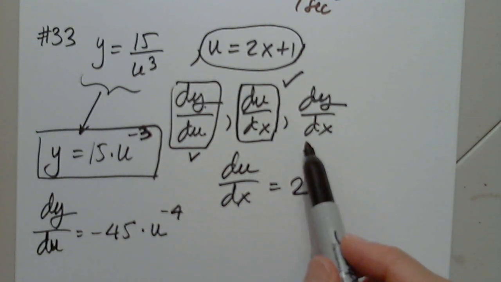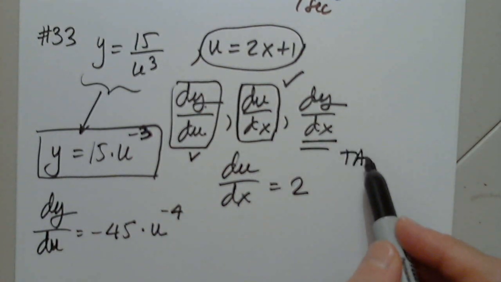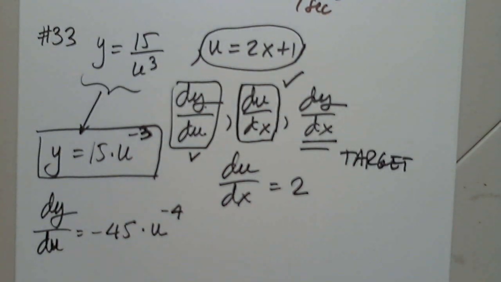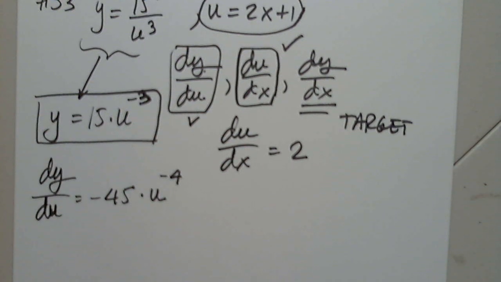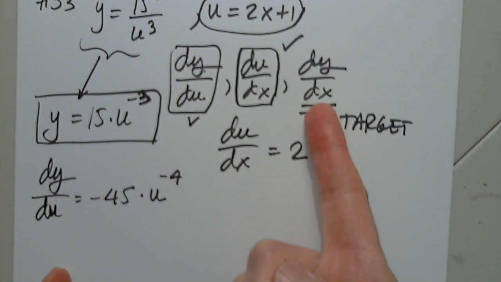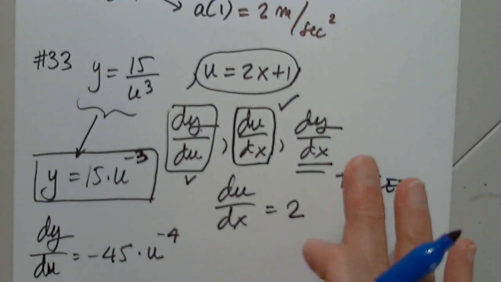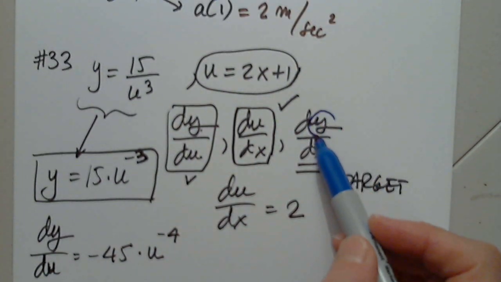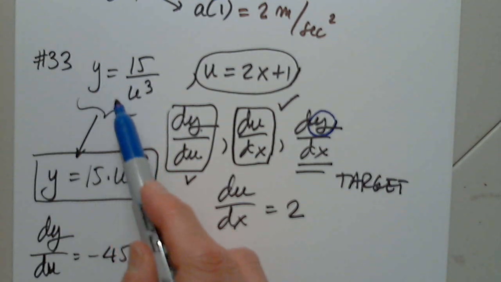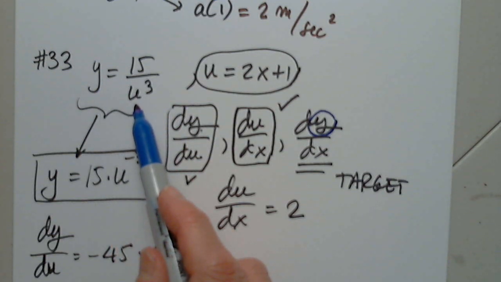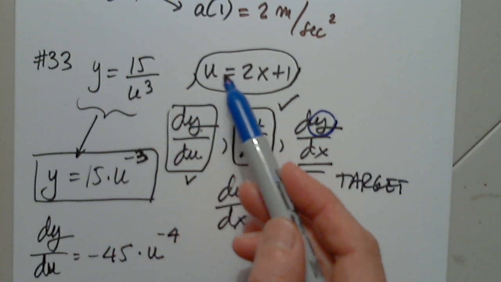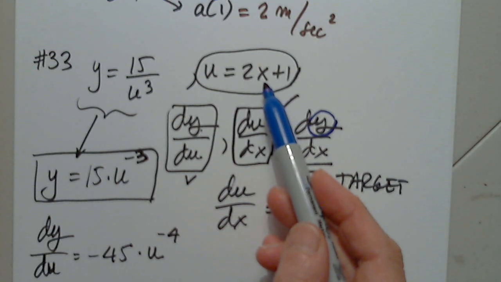Now this is the target. So we found the two pieces that are listed first for a reason. How do I find this target? Notice what happens here. Y is a function of u, which in turn is a function of x.